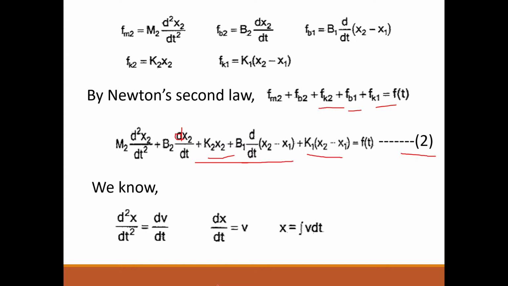So we have got two equations, only two masses are there. Now what we have to do? We can replace this displacement with velocity. So what is the relation between velocity and displacement? Dx by dt is equal to v. So x is equal to integral of v dt, and d square x by dt square is dv by dt.